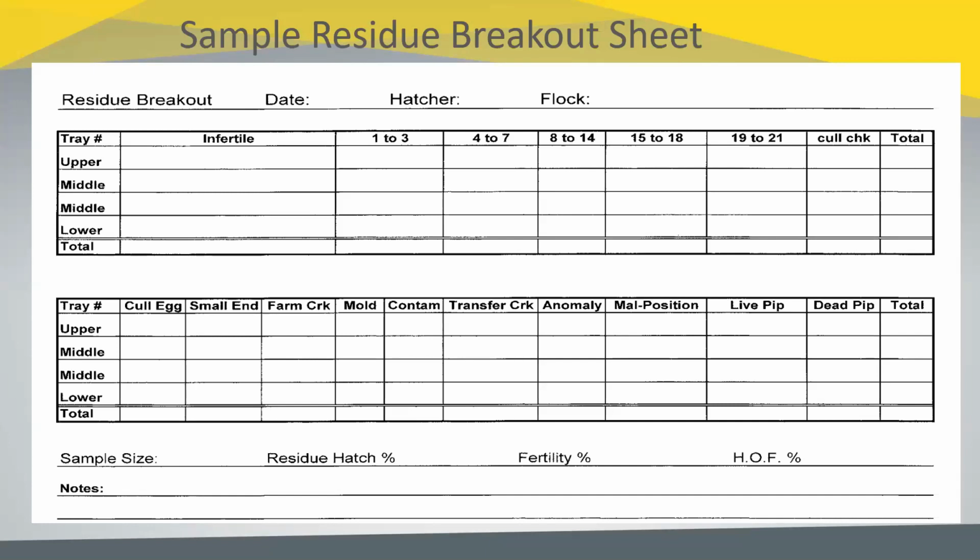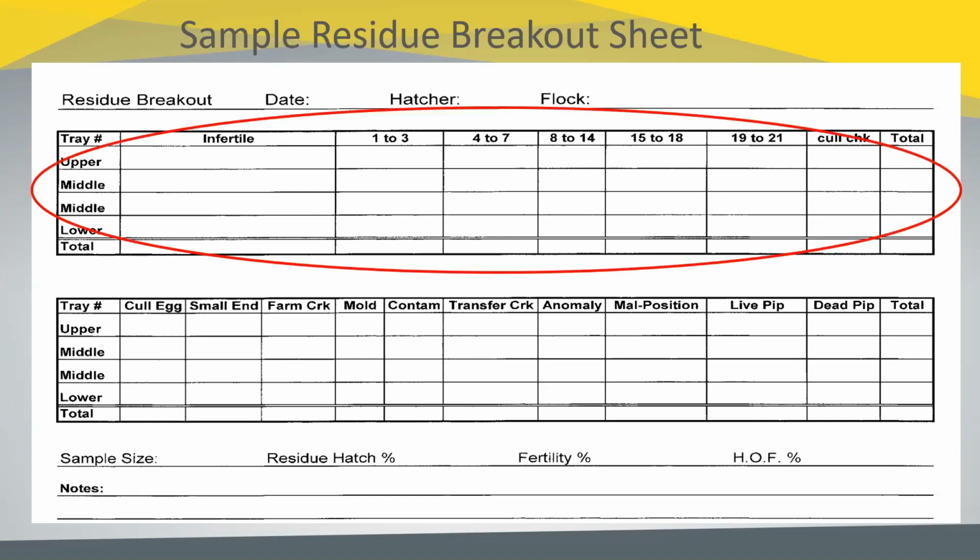For my procedures, when I take a hatcher basket and I've removed all the viable chicks and I now have only the residue, I will make sure that every egg that is unhatched or every cull chick that is in that basket, I document in the top portion of this sheet.